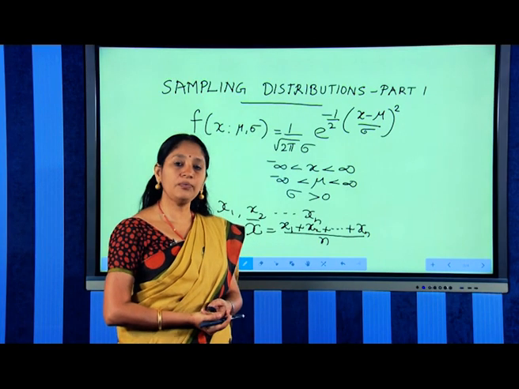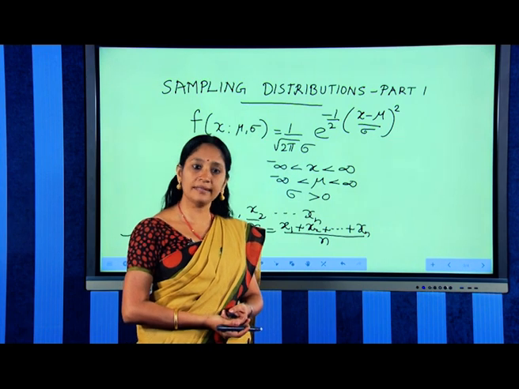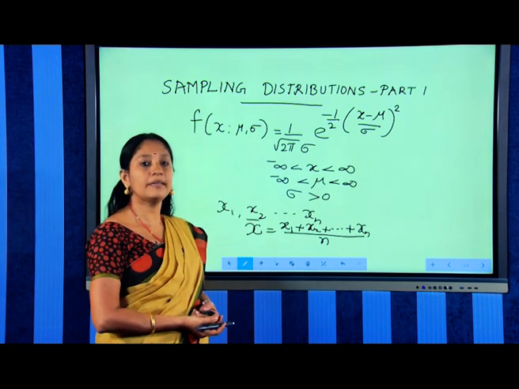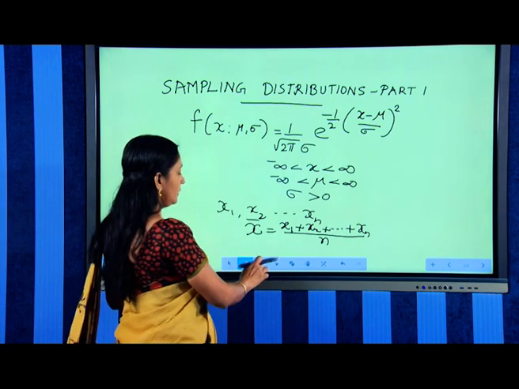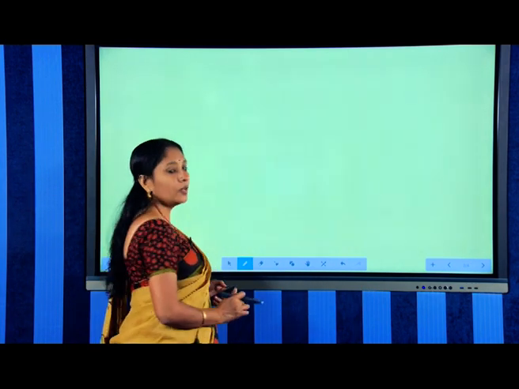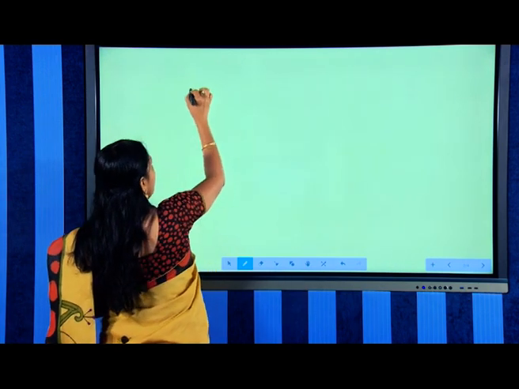The distribution of the sample mean x bar can be derived using the moment generating function of the normal random variable. So, we use the moment generating function for finding the sampling distribution of x bar.